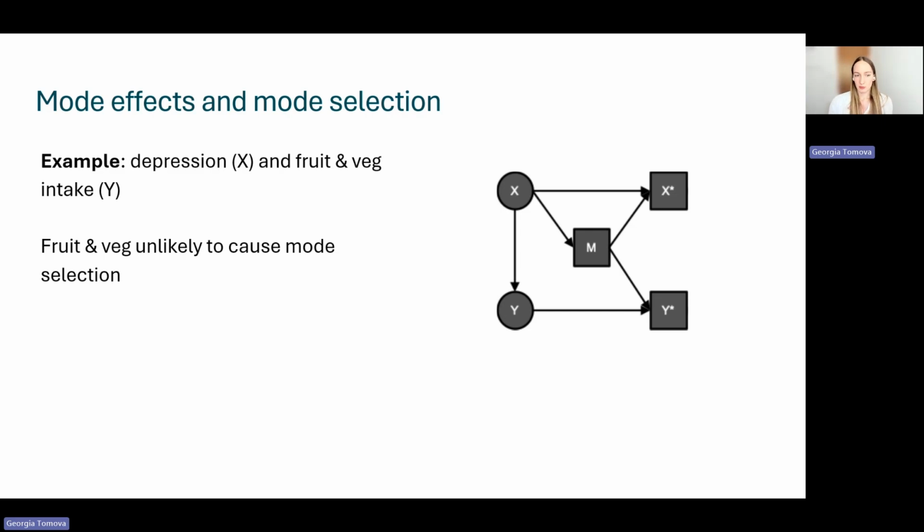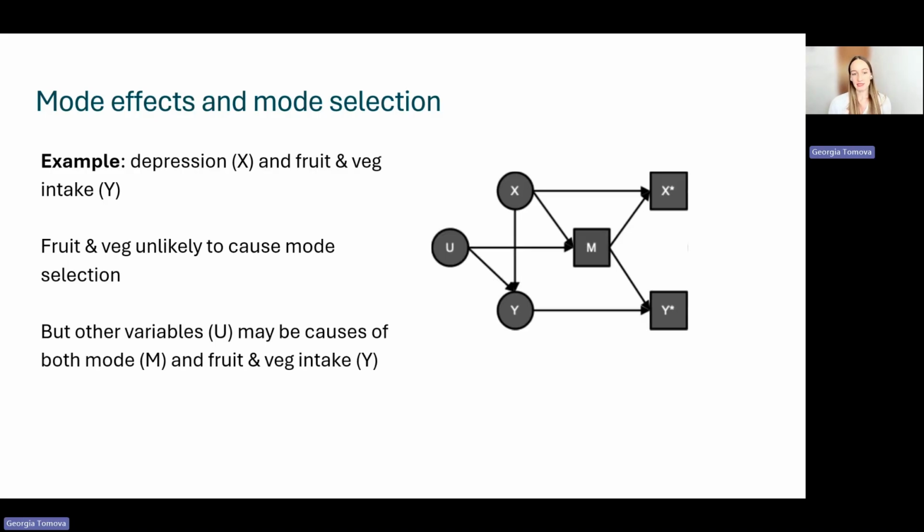And we have the same exposure, depression, so we know that this might be a source of mode selection. Fruit and vegetable intake is very unlikely to cause mode selection, so we wouldn't draw an arc from the latent Y to M. And so because we don't have this immediate collider structure, we might think that it's safe to simply condition on mode because we have mode as a confounder, but mode here is not a collider.